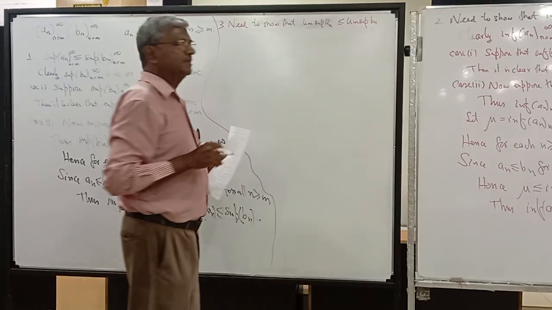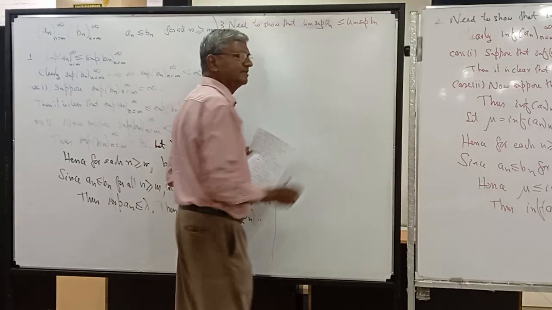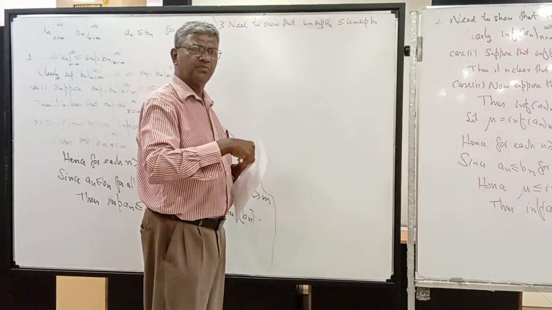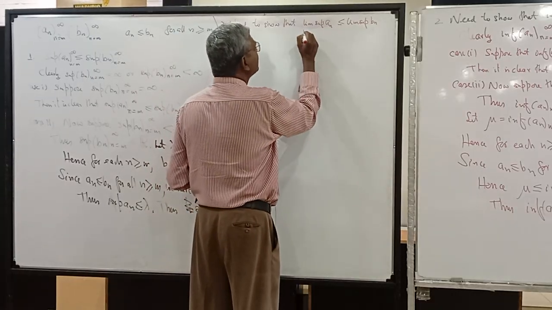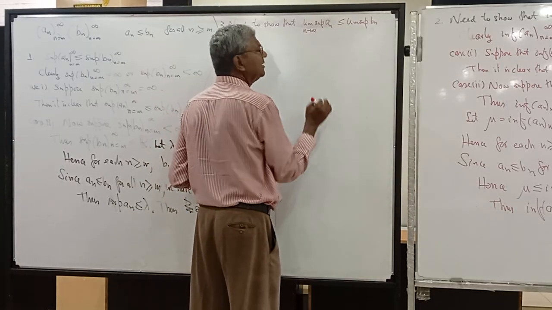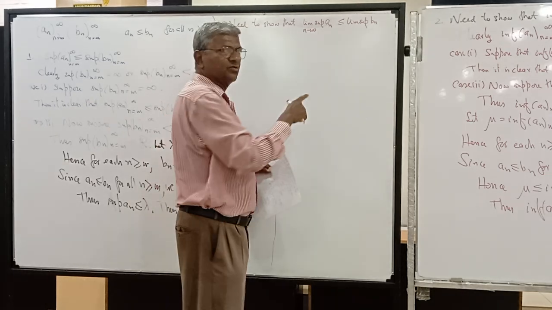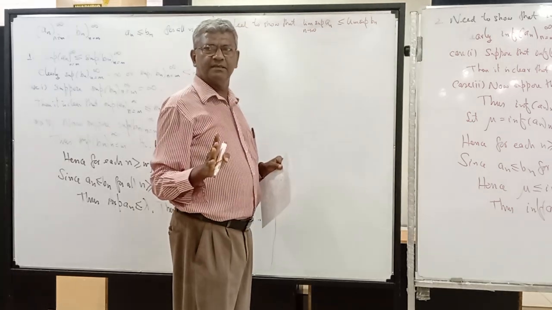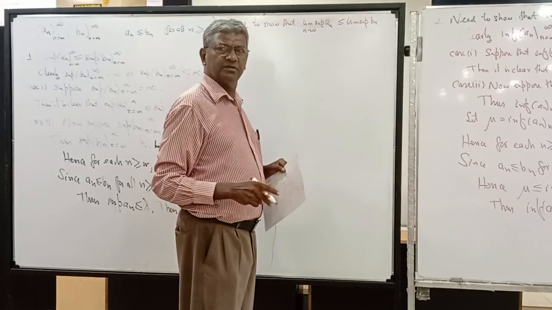By the way, another thing is, he writes n tends to infinity below here, but I write n tends to infinity here, because you take limit when n tends to infinity. You don't take sup when n tends to infinity. You take the sup of a n plus 1 and so on.